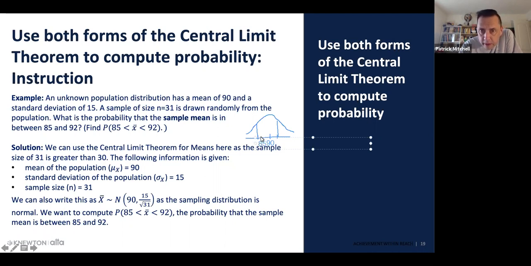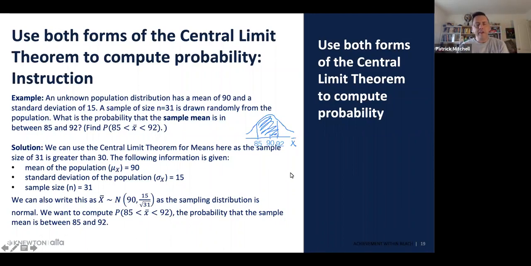And then over here is my value 92. Okay, so we want everything in between those two values, just like what we did in chapter 6. Notice that this is the sampling distribution, so I'm going to label it with an X bar.